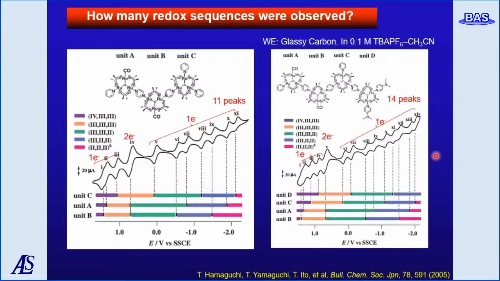In the slide, the left-hand side is 3 trinuclear cluster units linked by pyrazines, involving 9 ruthenium ions. The right-hand side is 4 trinuclear ruthenium units linked by pyrazines, which contain 12 ruthenium ions.